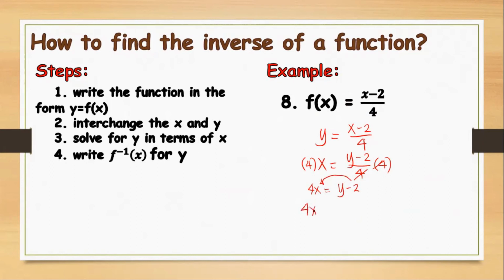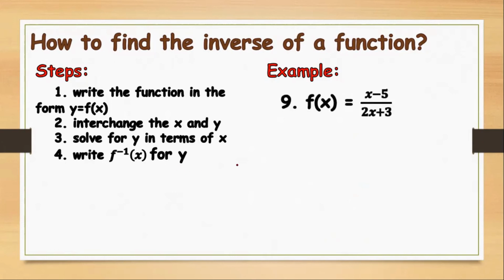So we have 4x plus 2 equals y. This will be our final function because we don't have to divide anything from there, because we already have 1y here. So f inverse of x is equal to 4x plus 2. This will be the answer for the inverse of the function on number 8.